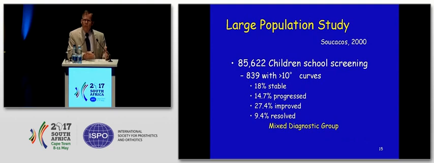This was a mixed group of diagnoses and was not done with X-ray, so it's a little hard to draw hard and fast conclusions from it, but it's an indication that there are 3 different behaviors: stability, progression, and improvement. And before making an orthotic prescription recommendation, you need to know where your patient is.